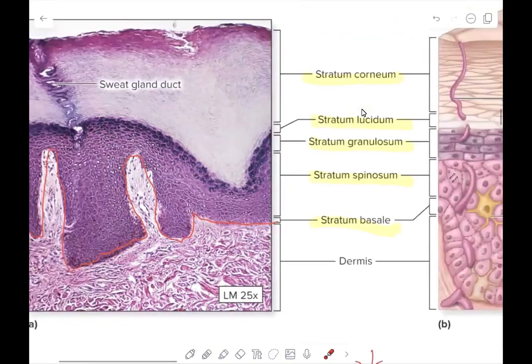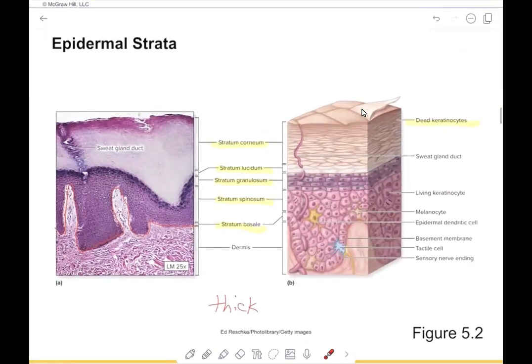So it's always dividing and always producing young epithelial cells that will replace the more superficial ones that are being sloughed off. Notice in the depths of the epidermis, we have a tactile cell in the stratum basale.